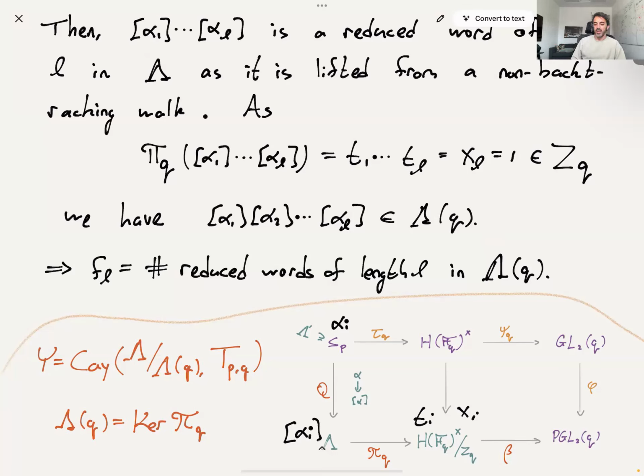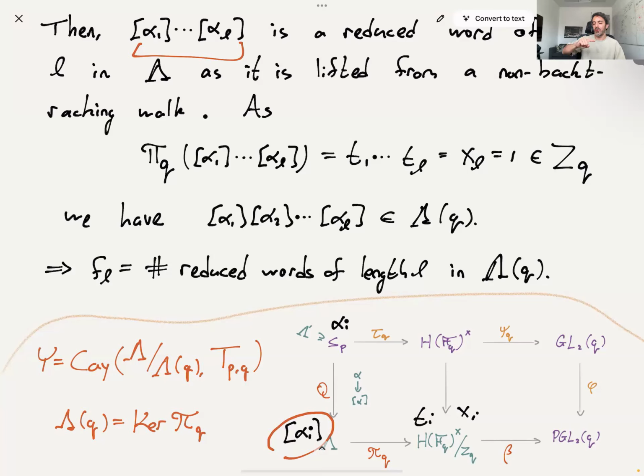Okay. Now, what I'm claiming is that if you take the product of the class alpha_1 up to the class alpha_L, this is a reduced word of length L in lambda. And it's reduced because it is lifted from a non-backtracking walk.